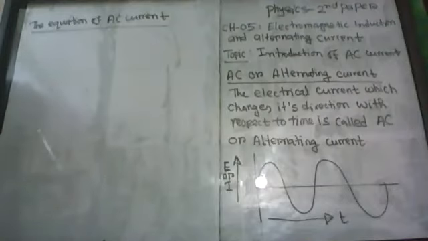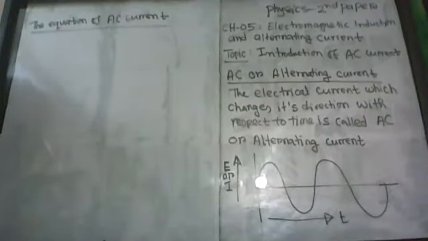In Faraday's first law, it is said that when a change of magnetic flux takes place inside any closed coil, an electromagnetic induction takes place, or an electromotive force is induced in that coil. In Faraday's second law, it is said that the produced electromotive force is directly proportional to the negative of the rate of change of magnetic flux.